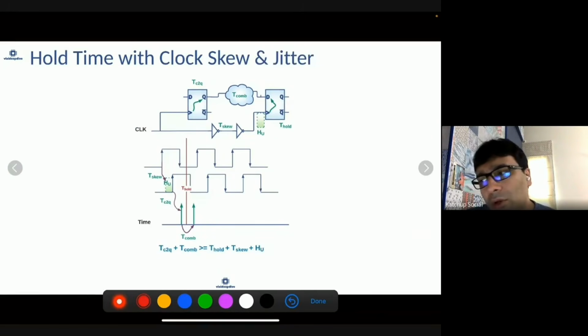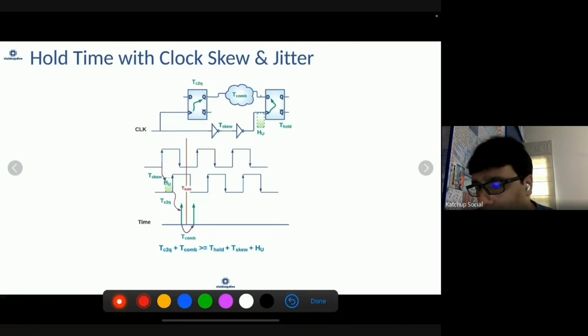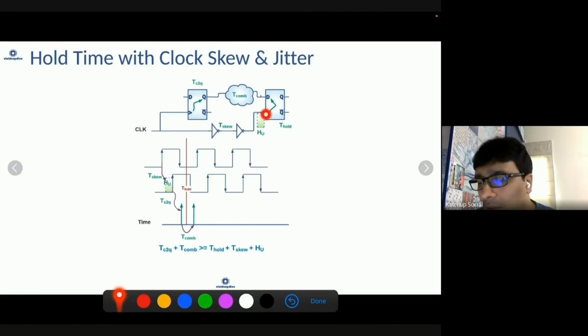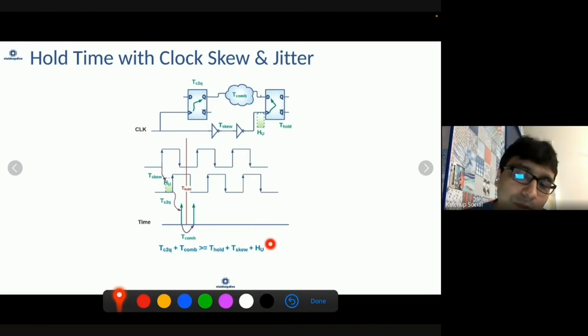Now let's take your uncertainty or jitter into account. As the jitter can happen in any direction, you had a clock here, the clock skew was added, but because of the jitter, let's make it pessimistic, you can move the edge. Jitter can happen in either direction of the clock edge. To make it pessimistic, not only does data have to stay stable for greater than hold plus skew, in addition to that, it also needs to take into account the hold uncertainty value.